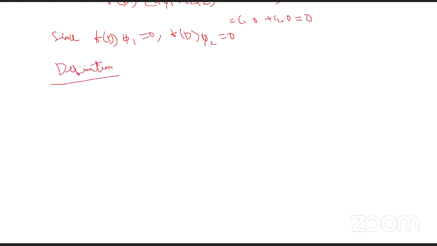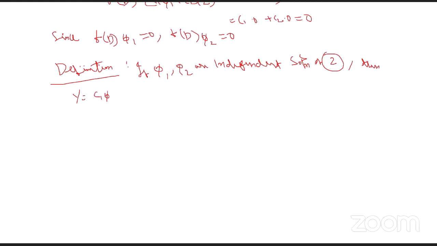What is the definition here? If phi 1, phi 2 are two independent solutions of equation number 2, then y equal to c1 phi 1 plus c2 phi 2 is called the general solution or primitive of equation 2.